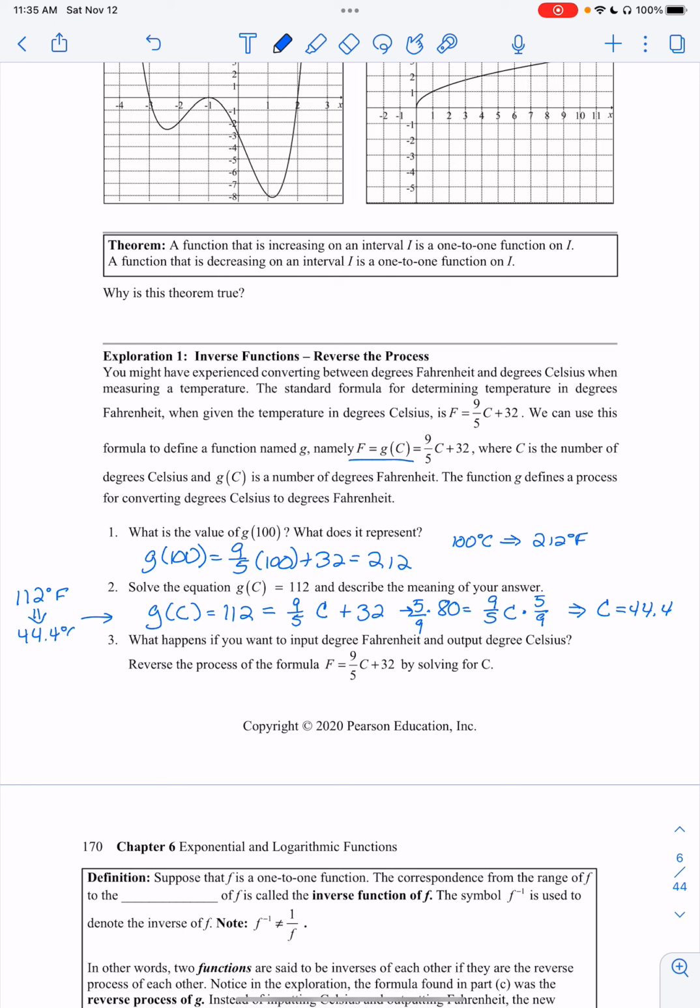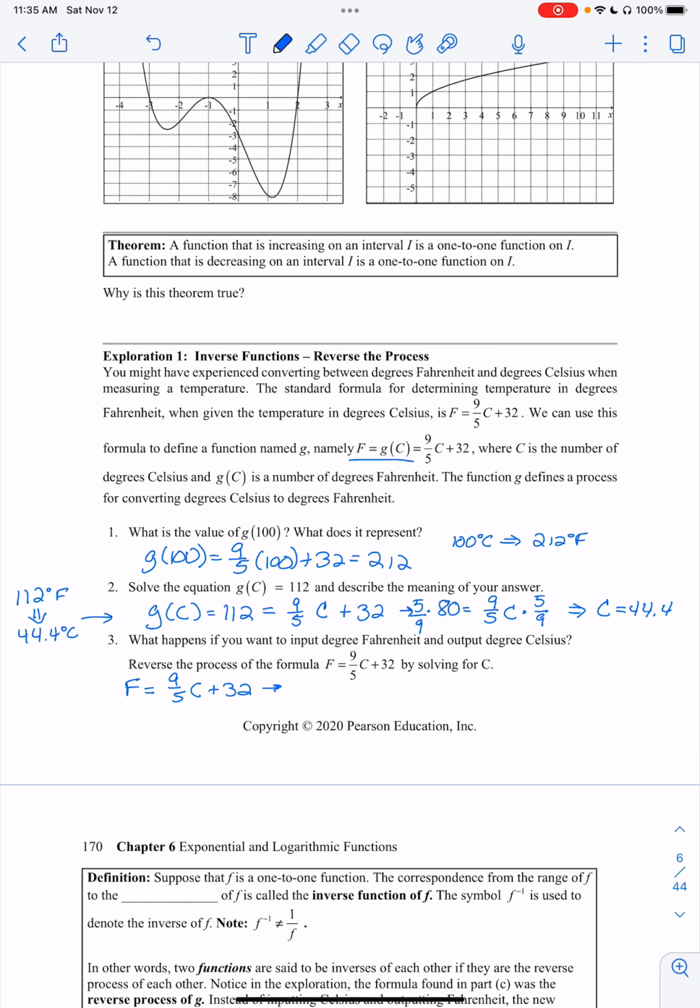So in this particular case, what I'm saying is that 112 degrees Fahrenheit is the same as 44.4 degrees Celsius. So what happens if you want to input degrees Fahrenheit consistently? Let's say I consistently measure my temperature in degrees Fahrenheit, but I want to find it in degrees Celsius. And so I need to reverse the formula and solve for C. So again, F is equal to 9/5 C plus 32.